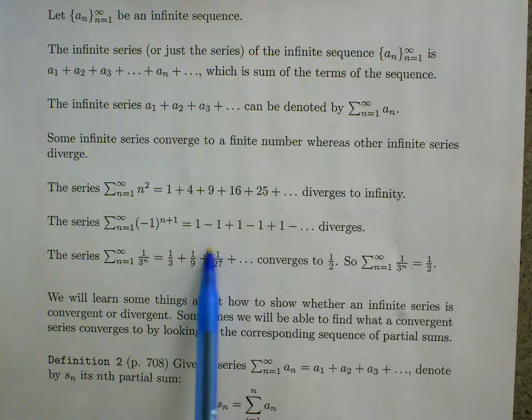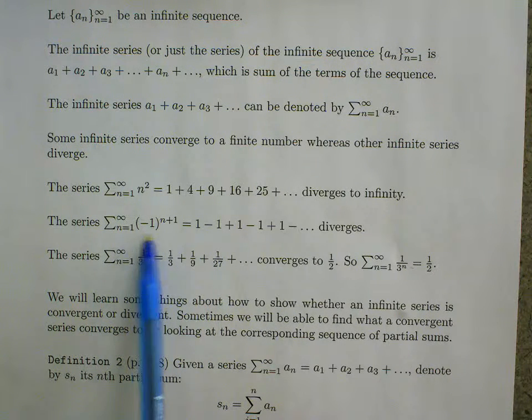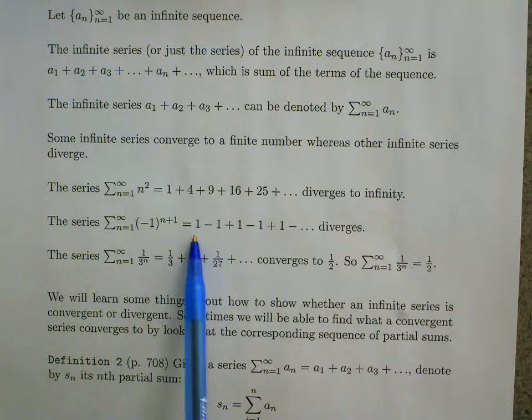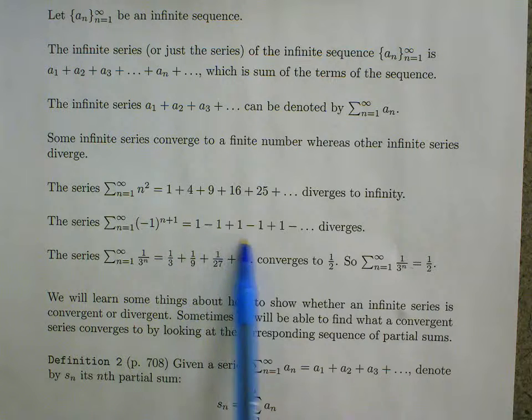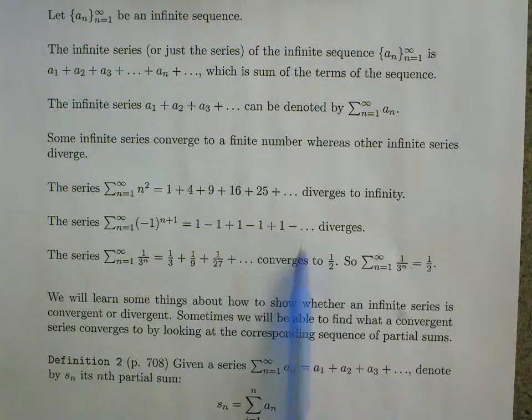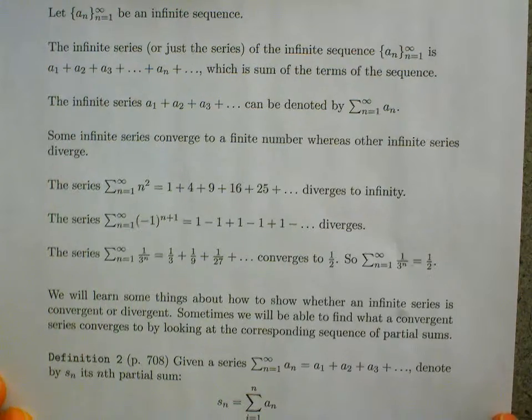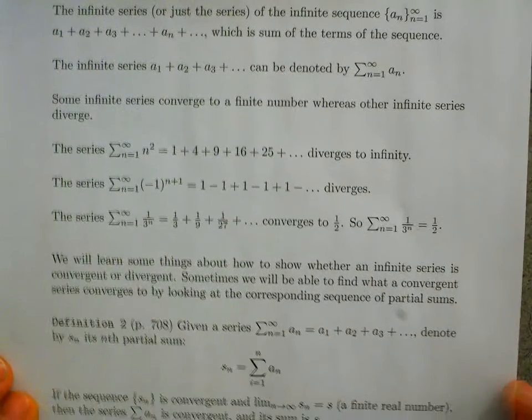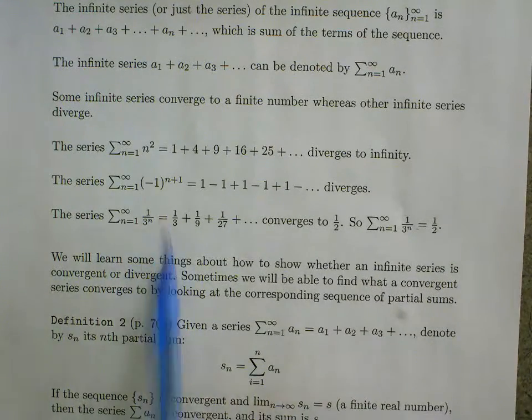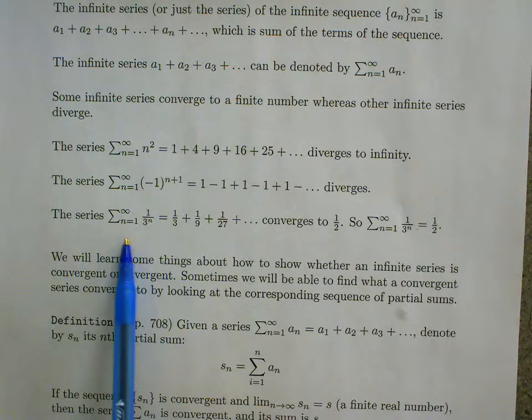This series, we're just alternating 1 minus 1 plus 1 minus 1 plus 1. It doesn't go to infinity, but it doesn't converge to a finite number either. So this one diverges. It doesn't get close to a single number. Okay, the next series, the terms 1 over 3 to the n as n ranges from 1 to infinity.